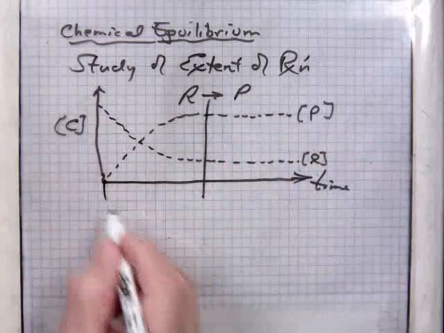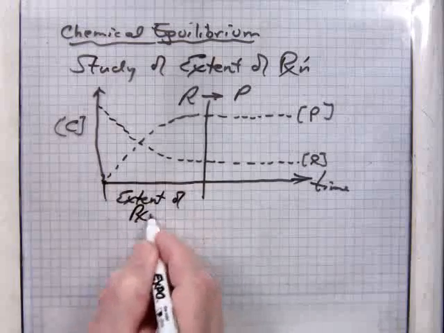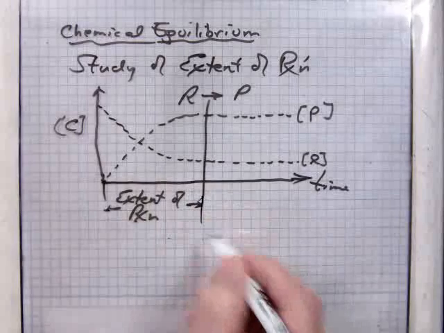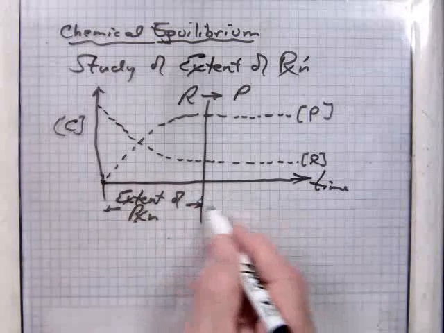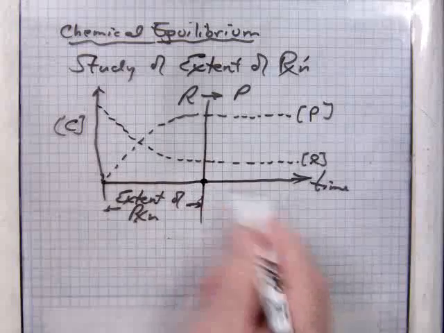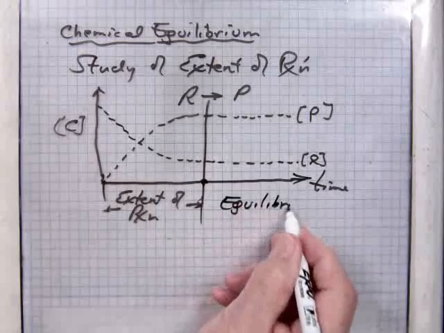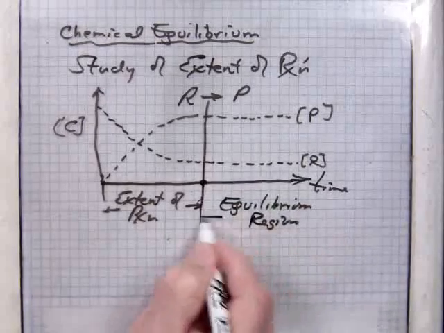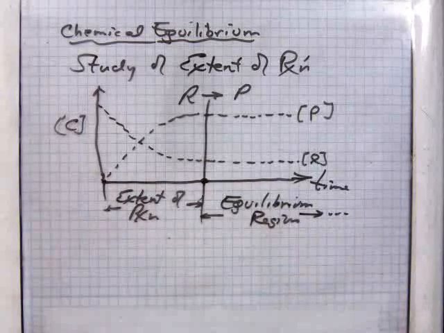And we learned this is extent of reaction through those points, and then we apply new concepts once we pass that point, the equilibrium point, and call it the equilibrium region. And that runs from here to wherever how far else you want to go.